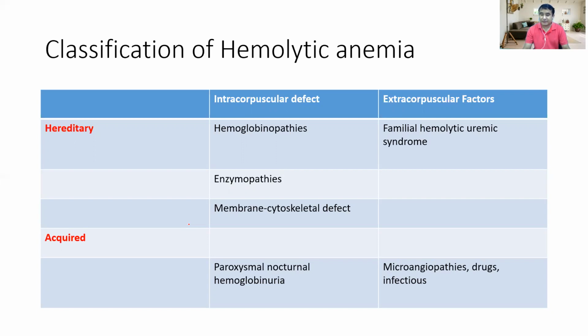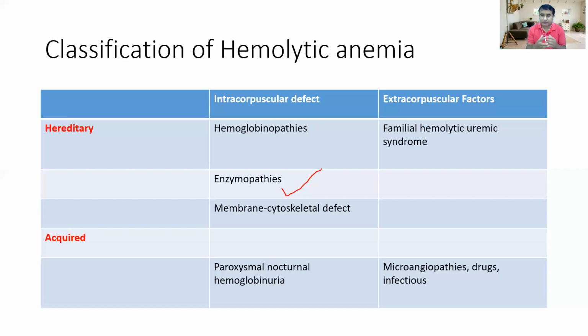Similarly, there are some enzymopathies like G6PD deficiency. The presence of G6PD makes the RBC resistant to different oxidant injuries. But if the RBC lacks enzymes like G6PD, or pyruvate kinase, then the RBC can be hemolyzed prematurely.